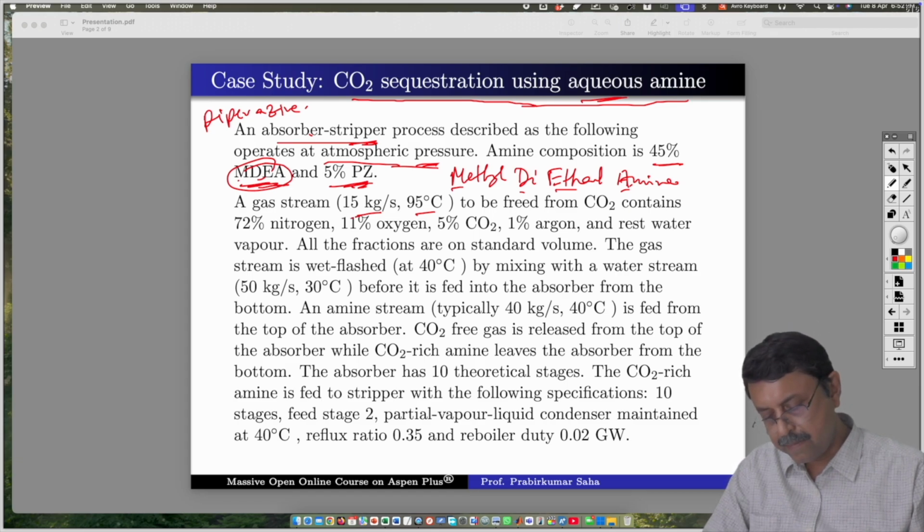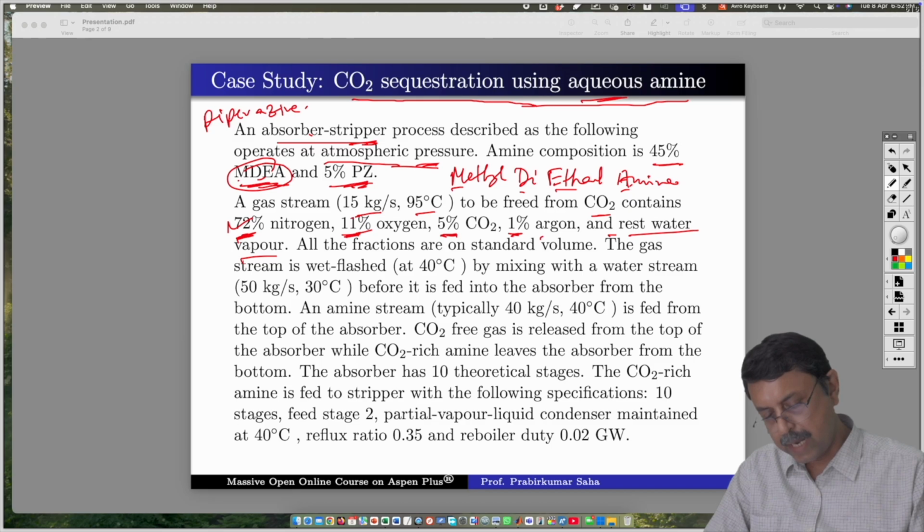So a gas stream to be freed from CO2 contains 72% nitrogen, 11% oxygen, 5% CO2, 1% argon, and rest water vapor. So we have 72, 11, 5, 1, and water vapor. Water vapor will be 100 minus 72 minus 11 minus 5 minus 1.